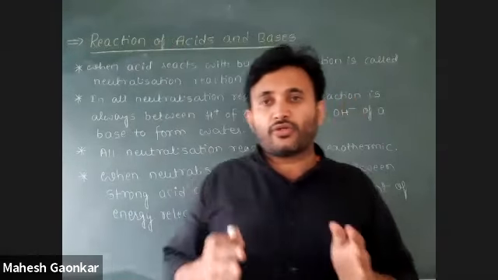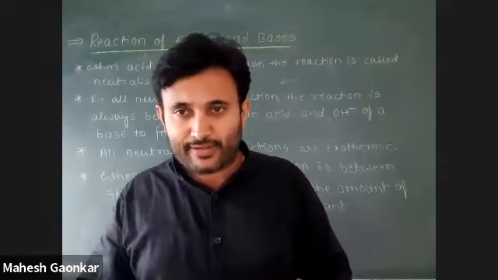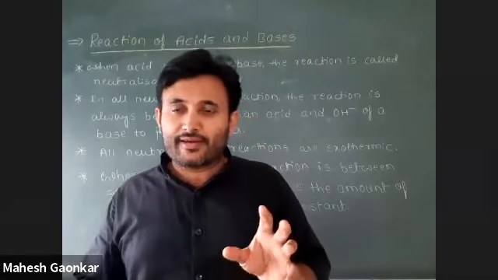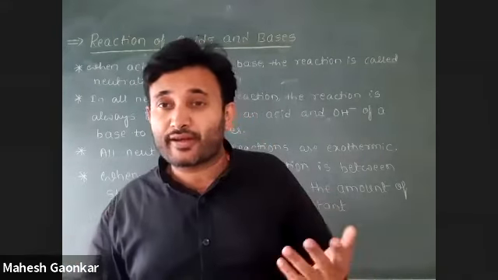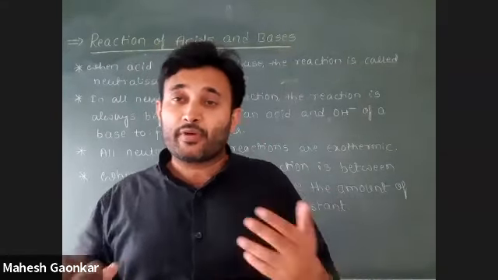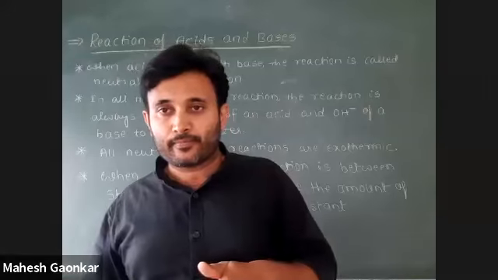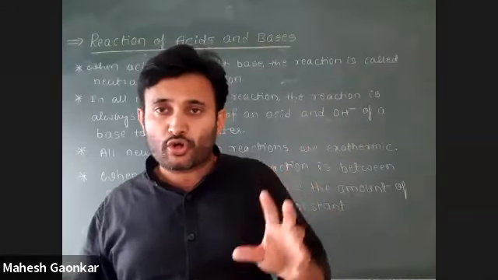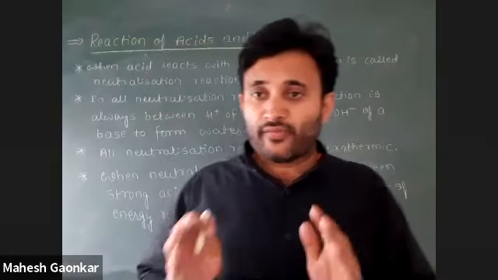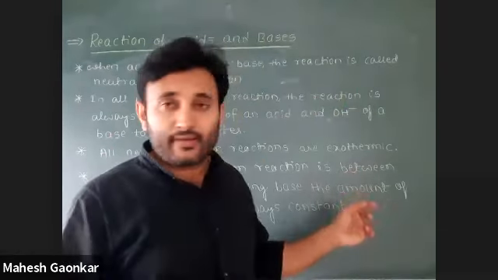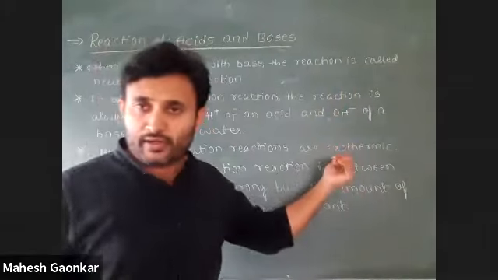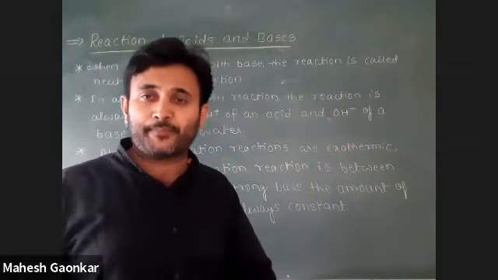If the neutralization reaction is between strong acid and strong base, it may be between HCl and NaOH. It can be between KOH and HCl, right? So all strong acids and strong bases. Then any which ways it is exothermic, that means it releases heat.